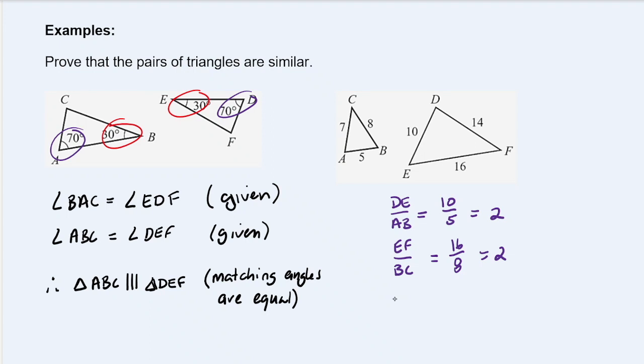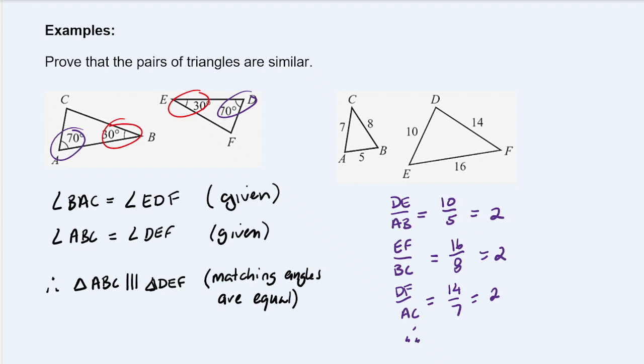Then we have our final side, which is going to be DF over, is it BC, or is it AC? I think it's AC, because we've already used BC, so it must be AC. Alright, and that's going to be 14/7, which again is 2.